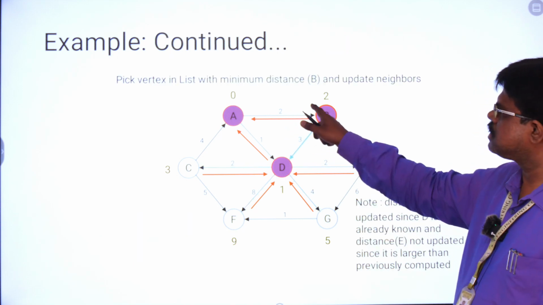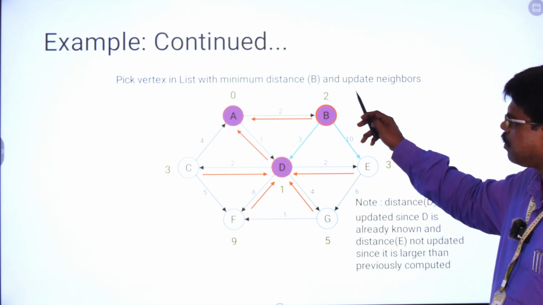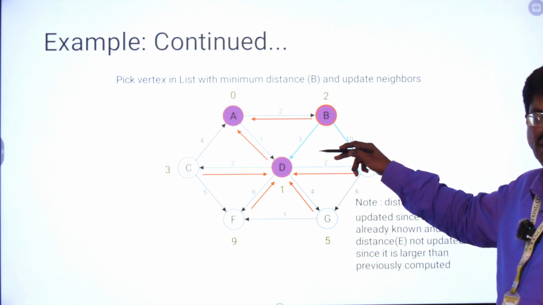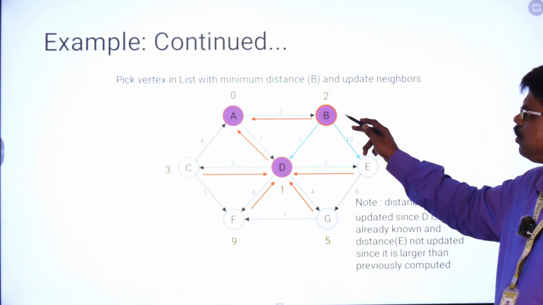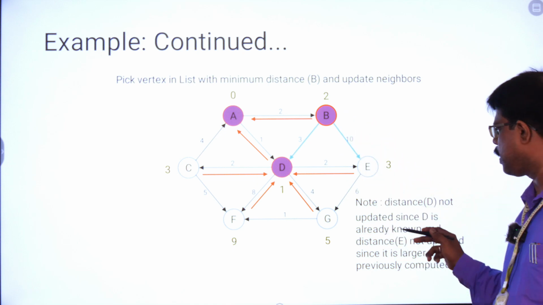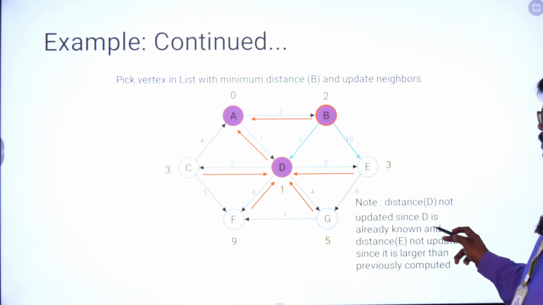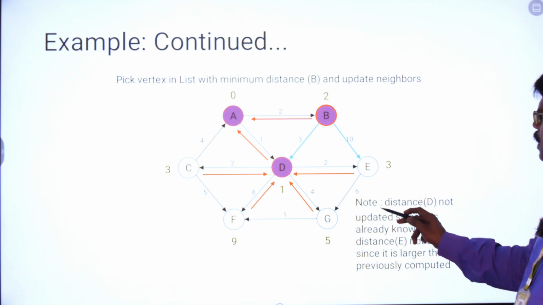So pick the vertex in the list with the minimum distance, B, and update the neighbors. Now 2 became the minimum distance, after D is 1 and F is 1. So you take the minimum distance B equal to 2. Distance D is not updated since D is already known, and distance E is not updated because it is larger.